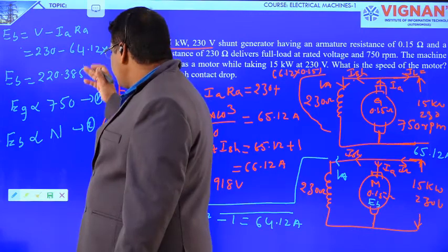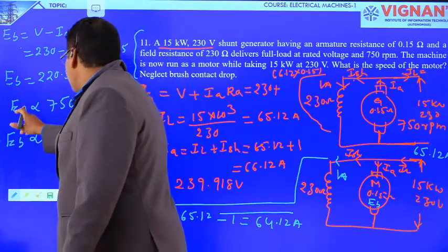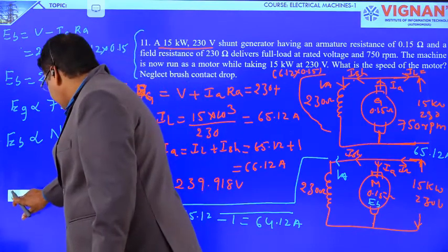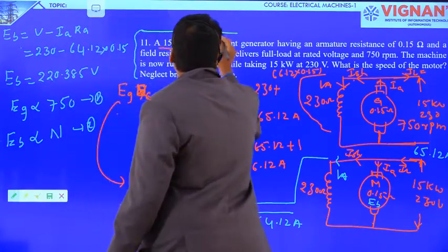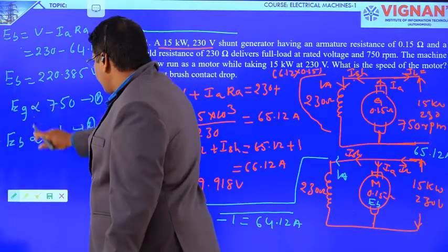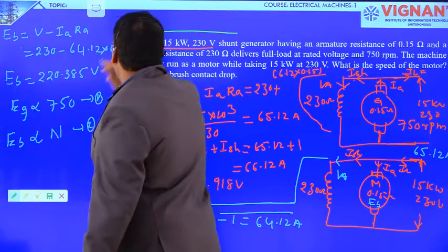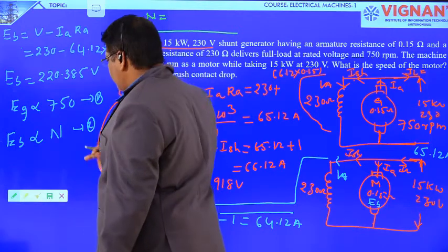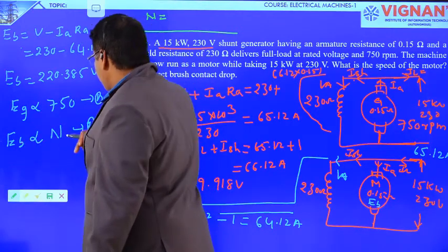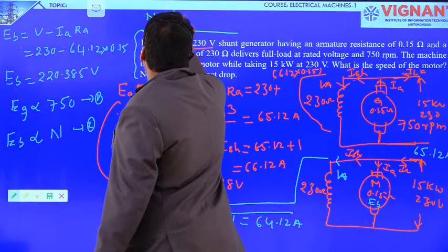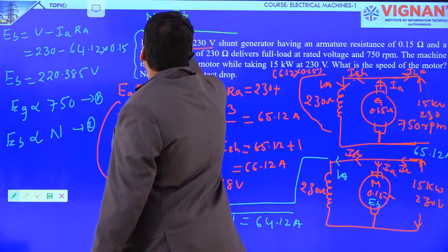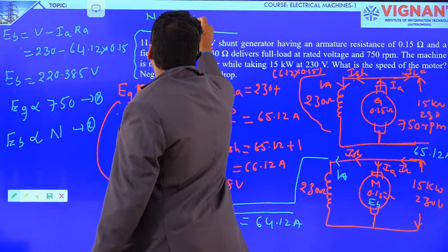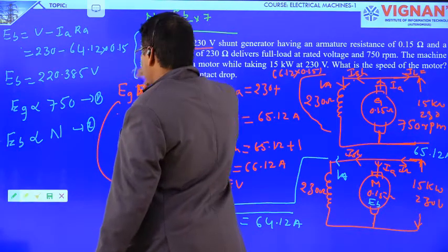Whenever you are taking the ratio between these two, already we know the value of EG. So N equal to EB divided by EG into 750.